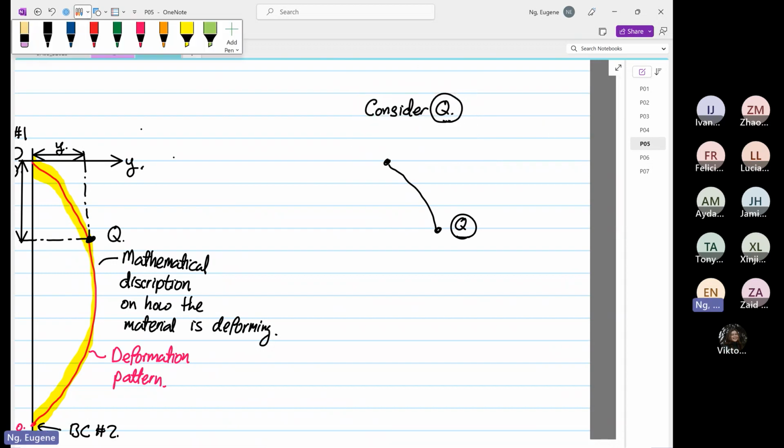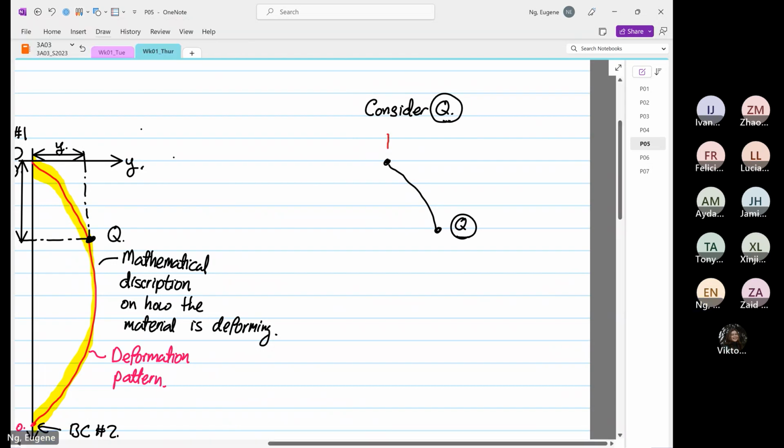Now, we know at the original point 0, 0, we have a load down here, and this load is our P. With static analysis, action equals reaction, so we have a P acting down here.